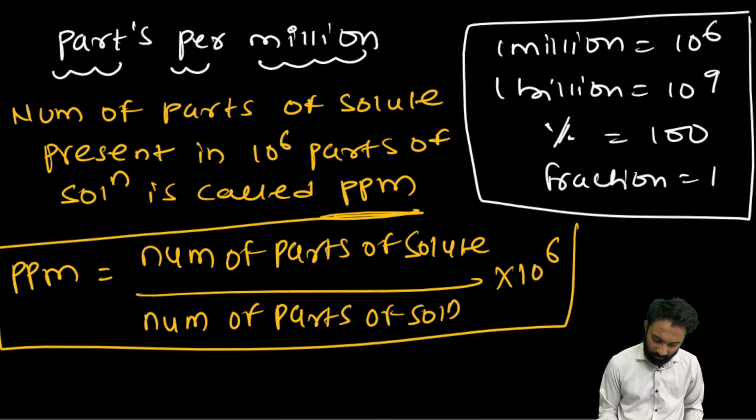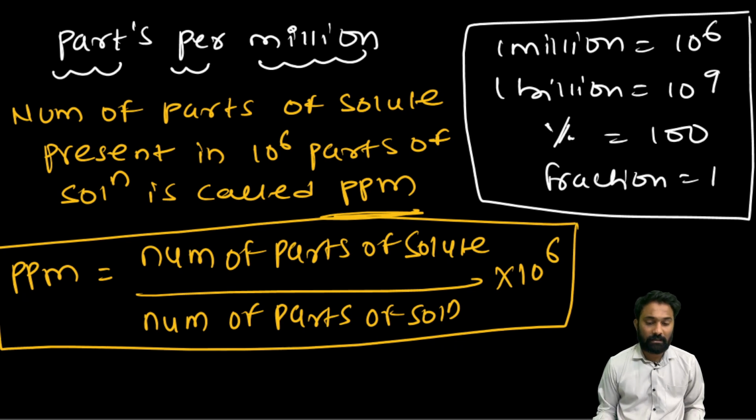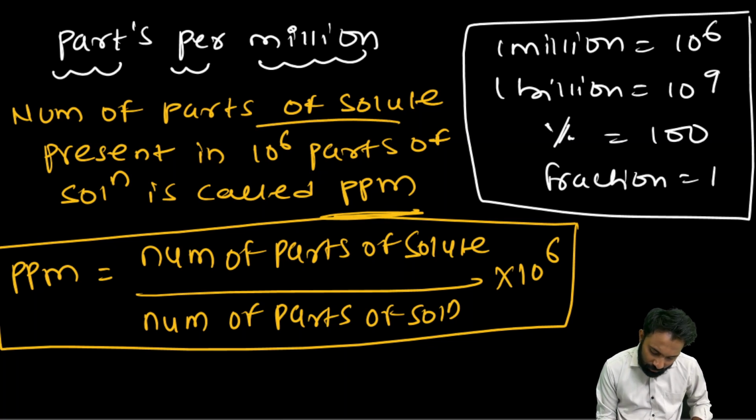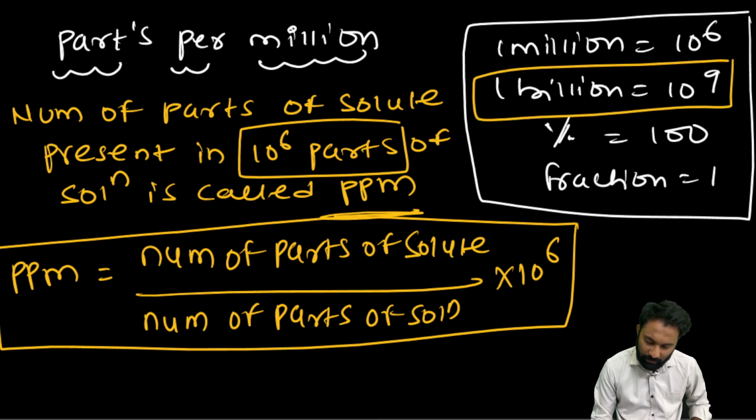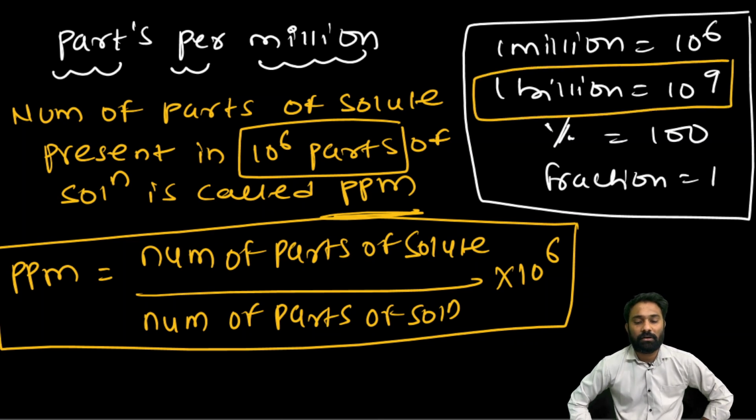Now another term is also there, that is ppb. What is the meaning of ppb? Here we have taken 10 to the power 6 parts, right? There we have to take 10 to the power 9 parts. That is ppb, and this is ppm.